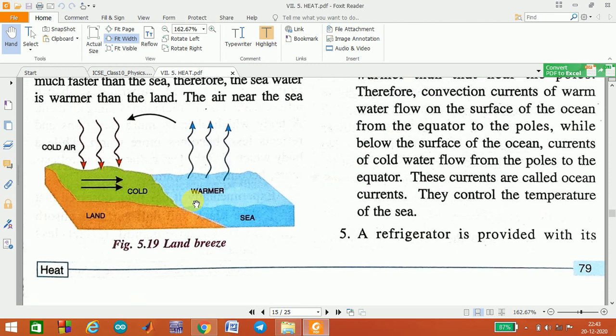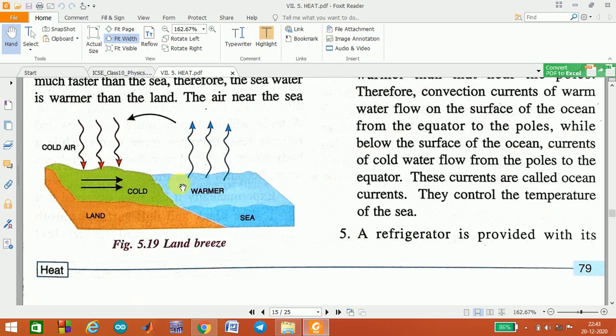The breeze that blows from the land towards the sea during the night is called a land breeze.